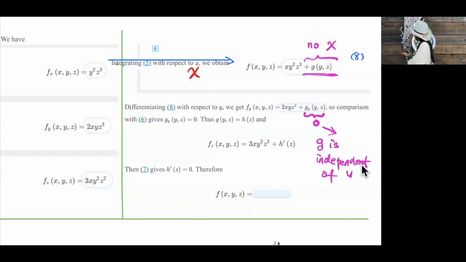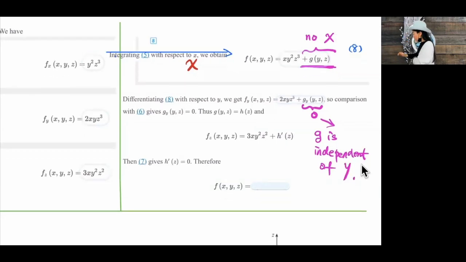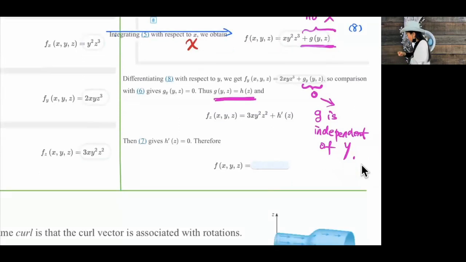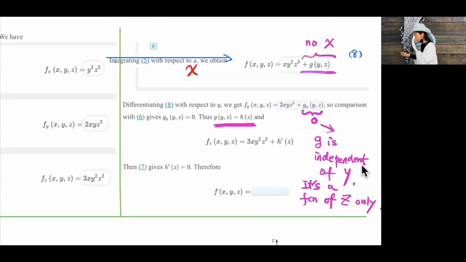So it should have no y in it. Therefore, it should be just a function of z only. Now, if we write it as a function of z only, then you can actually replace this by h of z. This is the same as this.